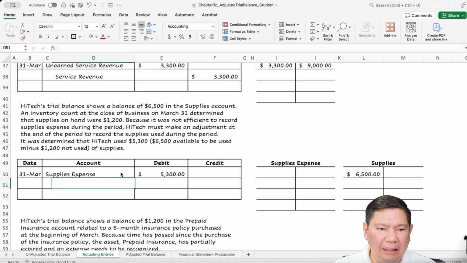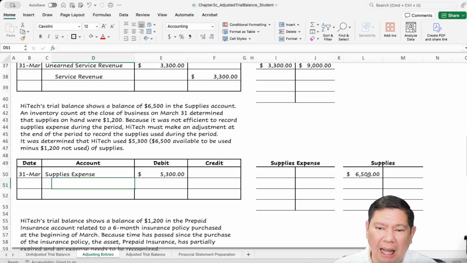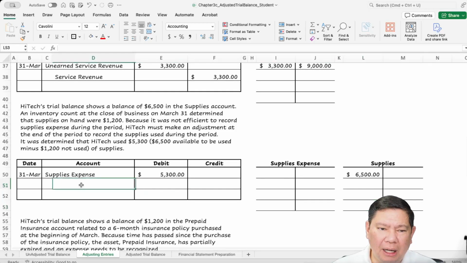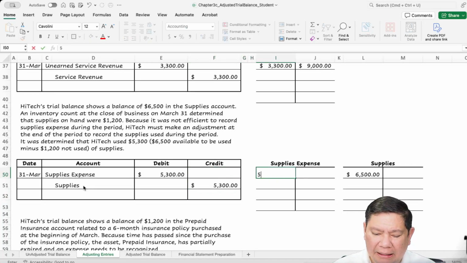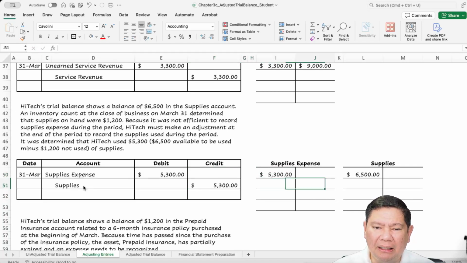Okay, and then we have to reduce, because our supplies still show 6,500, right? It should show 1,200 here. So we have to reduce our supplies by 5,300. Okay, so the expense is recognized, 5,300, and the supplies must be deducted by 5,300. So then when we calculate it later, the ending balance should show 1,200. Okay.